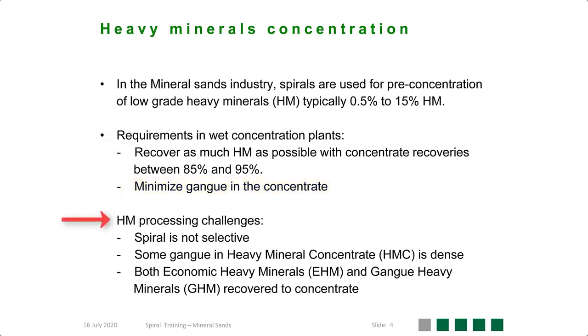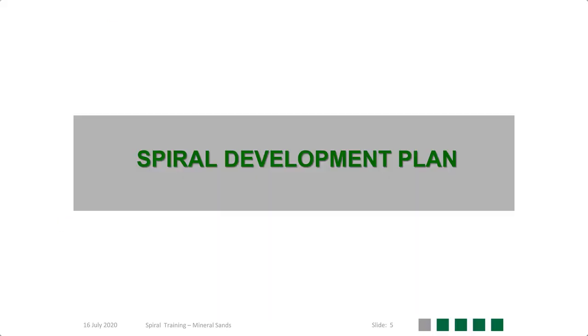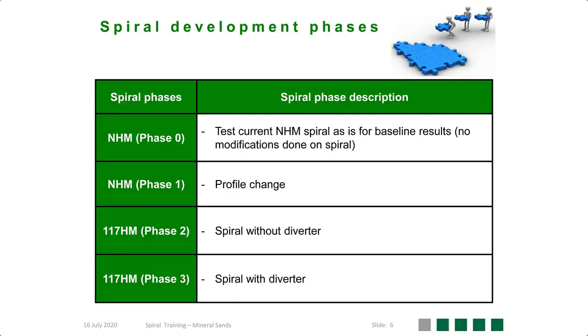Challenges seen in heavy minerals processing is that the spiral is not selective. Some gangue in heavy minerals concentrate is dense, thus meaning both the economic heavy minerals and gangue heavy minerals report to the concentrate fraction.